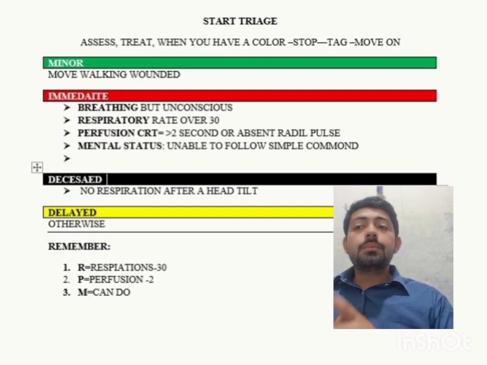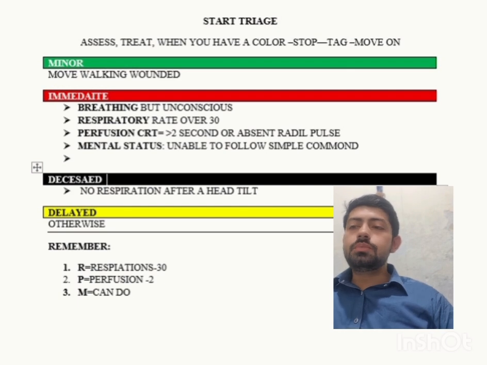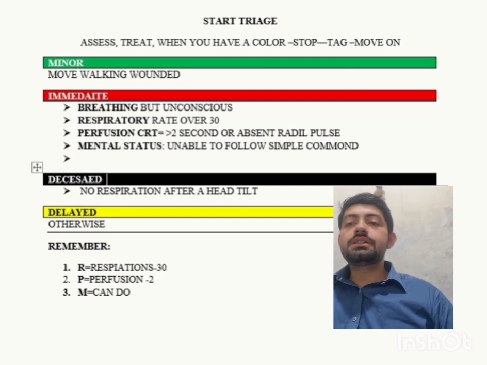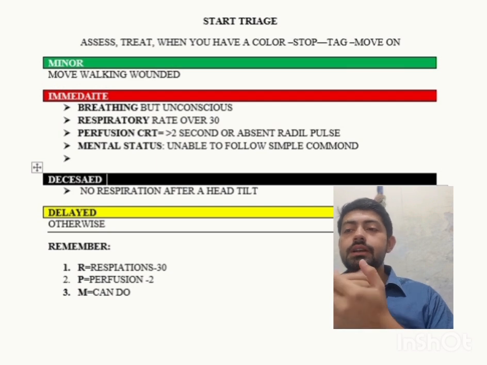If the patient still does not breathe, the patient is tagged black. If the respiratory rate is more than 30 breaths per minute, the patient is tagged red because fast breathing may indicate shock or severe injury.